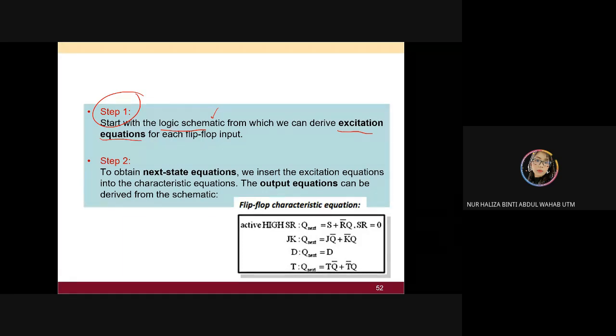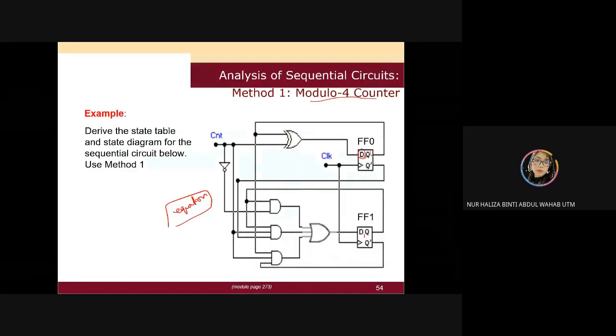So let me proceed. Now over here, where we have this kind of circuit, our D0 is connected to our XOR. Our XOR inputs are Q0 and another one is CNT.